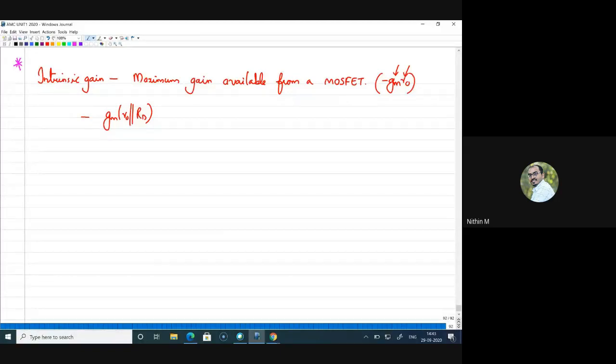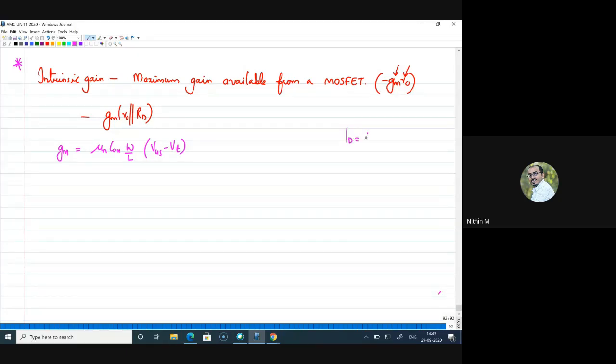So moving on, we know gm. What is the formula for gm that we have discussed so far? It is mu n Cox W by L into VGS minus VT. This is the formula of gm. Now I am asking you to get the other two forms of the gm equation as well. So how will I write?